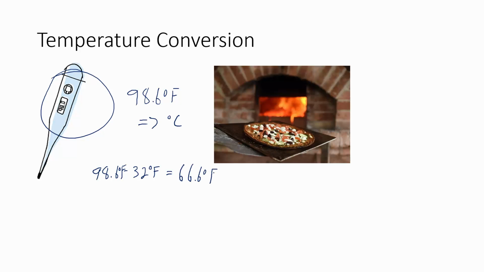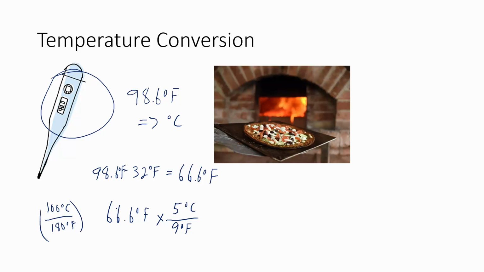66.6 degrees Fahrenheit. Now we are going to take that 66.6 degrees Fahrenheit and multiply it by 5 degrees Celsius for every 9 degrees Fahrenheit, and that's the ratio. All this basically is 100 Celsius degrees for every 180 Fahrenheit degrees.